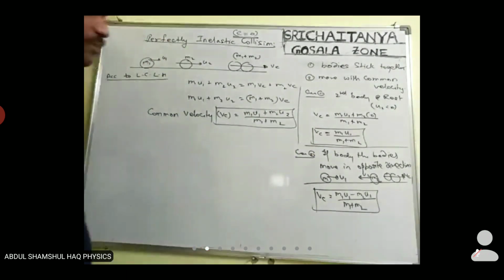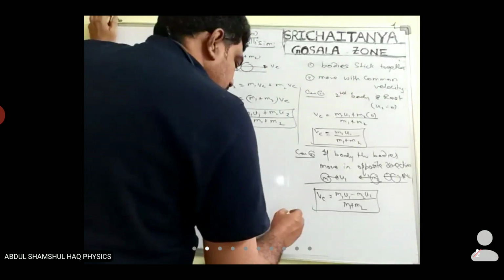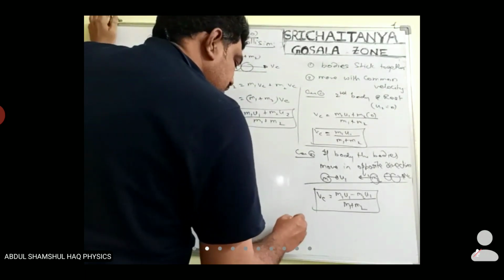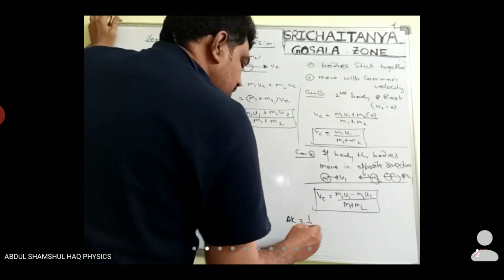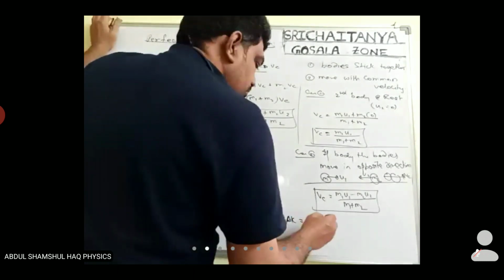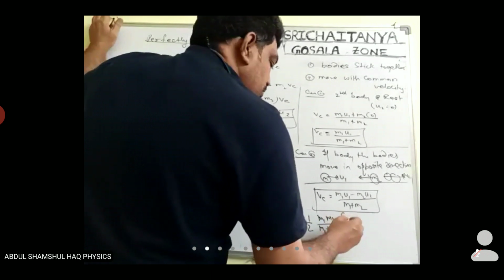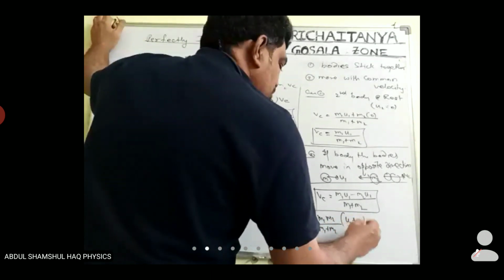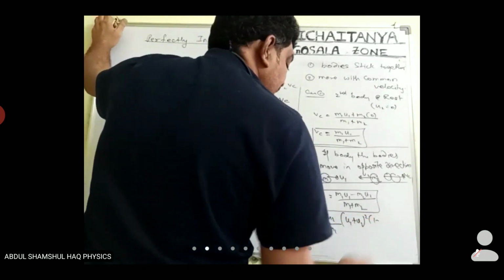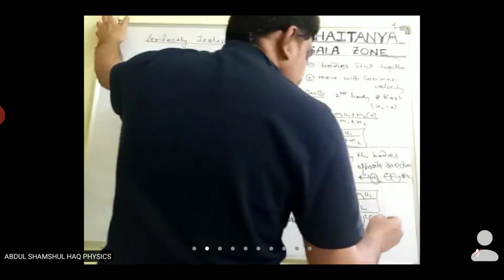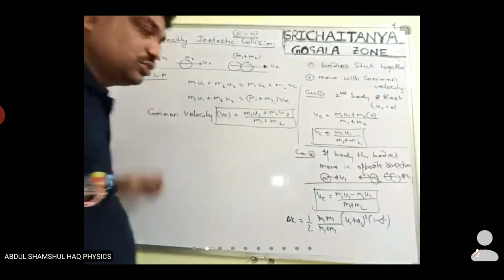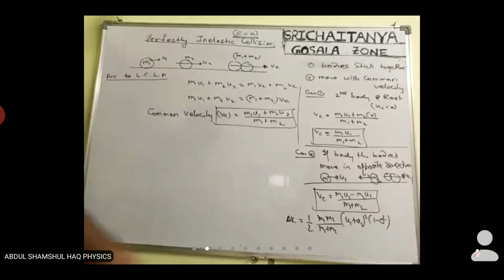Okay, students, in this case, loss in energy delta K will be equal to half of m1 m2 divided by m1 plus m2, into u1 plus u2 whole square, into 1 minus e squared, which will be 0 now. Am I understood? You know the general formula we derived.